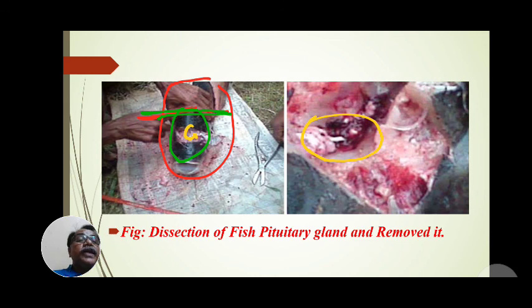The brain is detached from the skull of the fish and inverted, dorsal side on ventral side and ventral side on dorsal side, and the pituitary gland is removed. In this fashion the pituitary gland is removed from the mature fish for induced breeding by hypophysation.